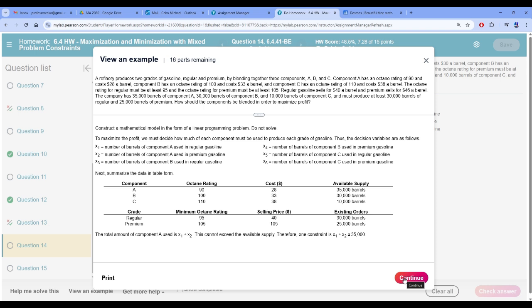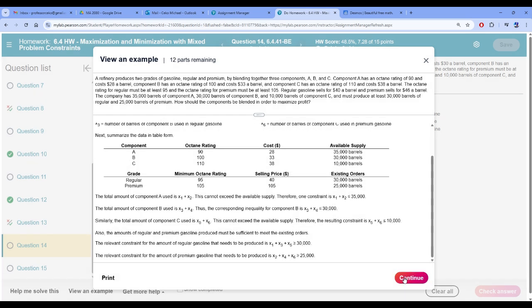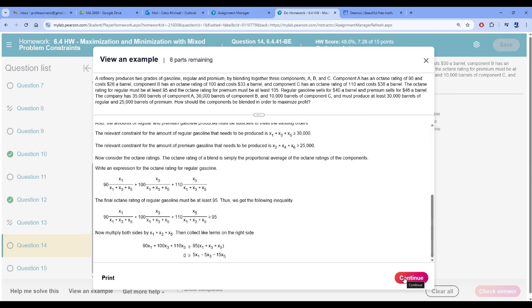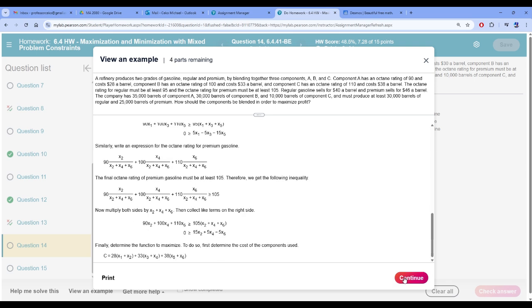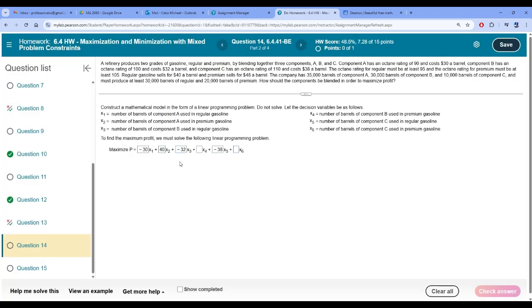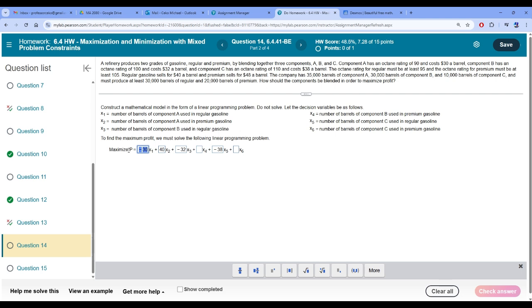The total amount of component A used is x1 plus x2. 28x1 plus x2. I got it. I got it. So, maximize my profit.